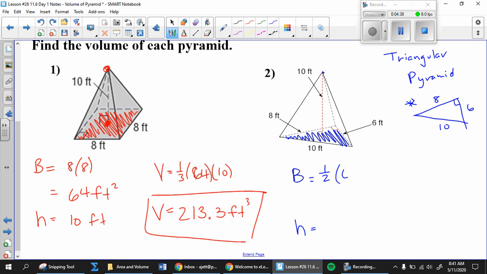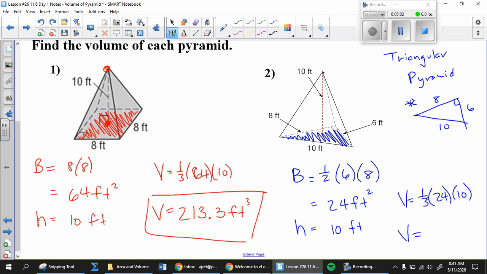So it's going to be 1/2 times 6 times 8, which gives us 24 feet squared. Height they give us here is 10 feet. So for volume, it's simply 1/3 area of the base times height. For me, it's simple to see this and say 1/3 times 24 is 8, and then 8 times 10 is 80. So 80 feet cubed.